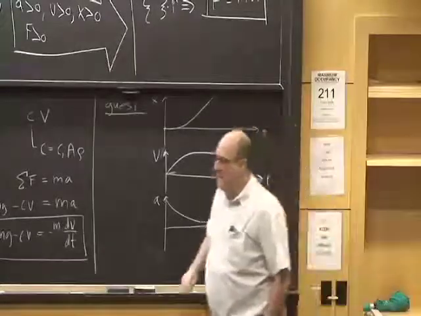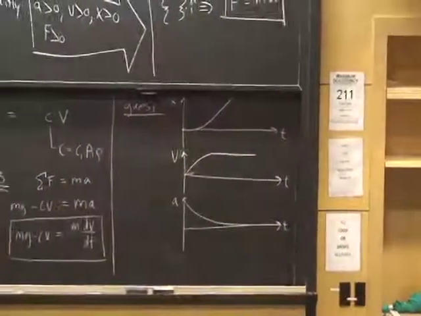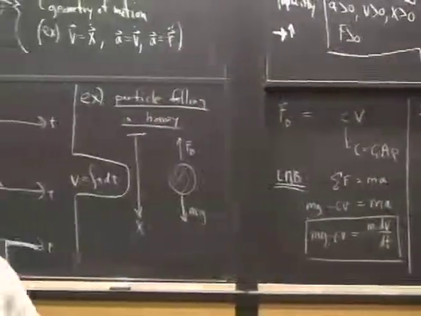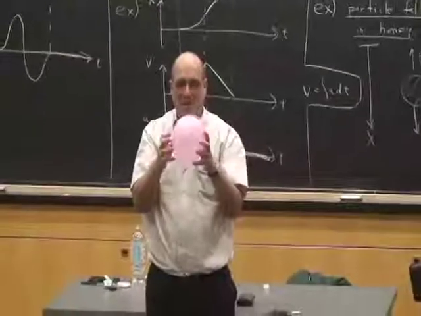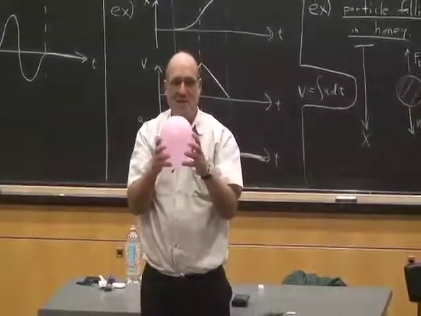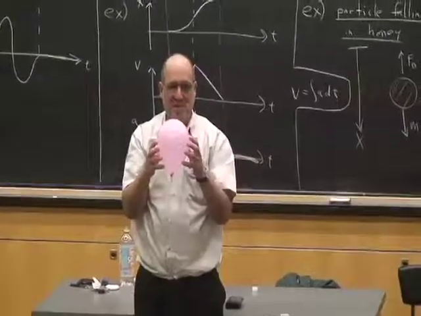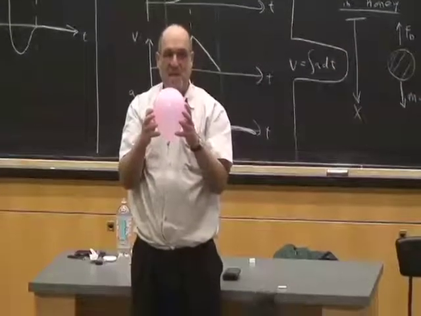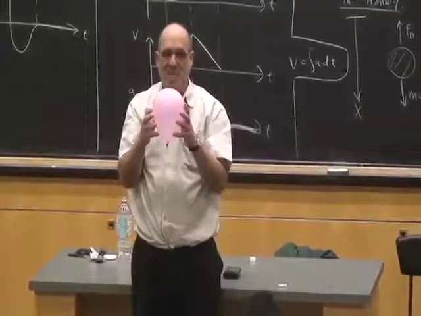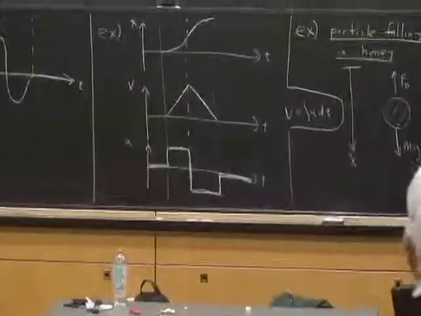So let's try to rationalize that acceleration curve. You take this balloon and it's still, and I'm holding it here. Right when I let go, the only force on this is the gravity force. So there's no air drag on this yet because it's not moving yet. So what is the downwards acceleration of this right when we start?